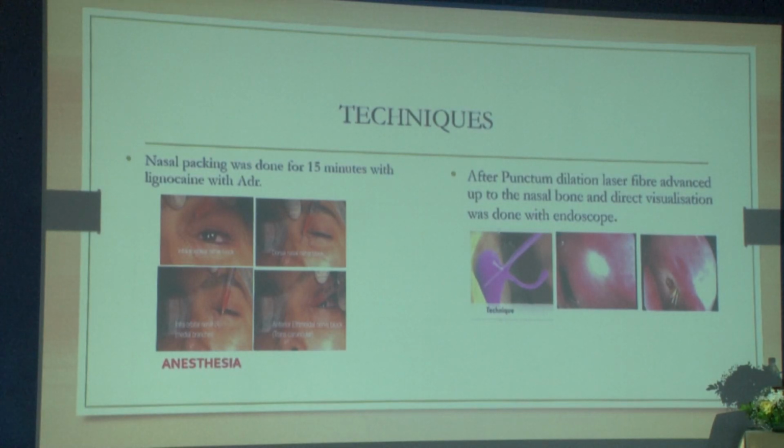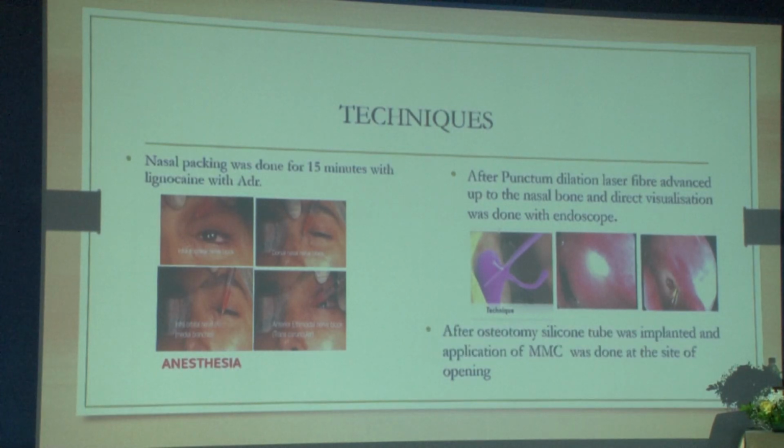After dilatation of the upper punctum, a probe or optic fiber is introduced through the canaliculus and reaches up to the bone. Once you feel the hardness, you start the laser to create the ostium in the bone and an opening in the mucosa. It should also be visualized endoscopically, so that you ensure the opening is in front of the common canaliculus and not in front of the middle turbinate.